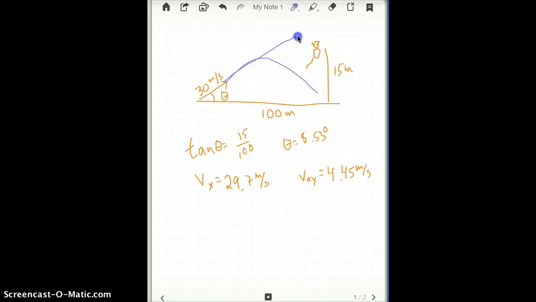It could be still rising when it goes past, and of course it could hit right at the top of the parabola when it goes past. So I guess my first question I like to think about is, is the dart still rising after it's traveled a horizontal distance of 100 meters?